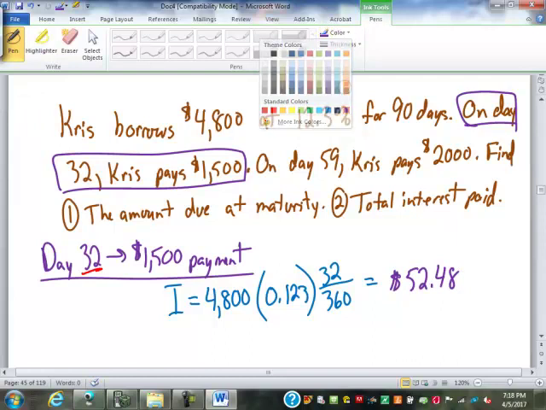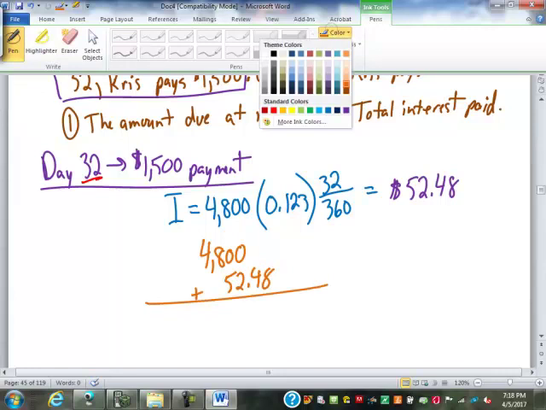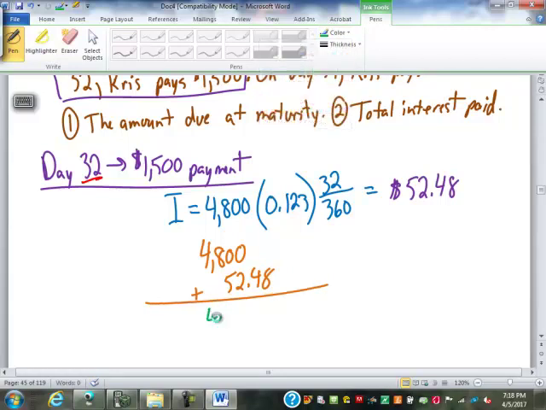So that means we're going to take that $4,800 and add the $52.48. That's $4,852.48, the balance before the payment.